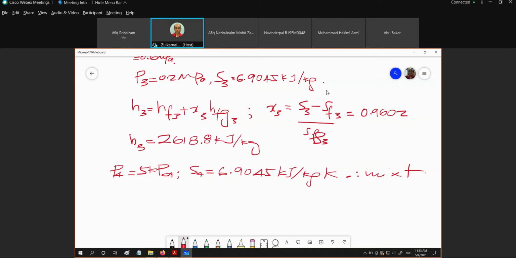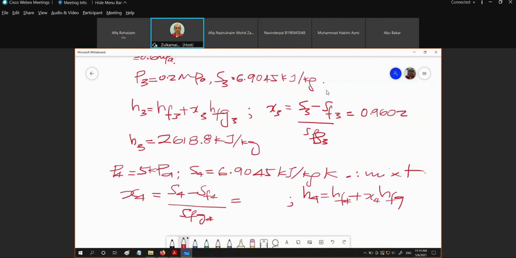Therefore, we need X4, which is equal to S4 minus SF4 divided by SFG4. After we get the X value, we use H4 equal to HF4 plus X4 HFG4. So get your X4 first.